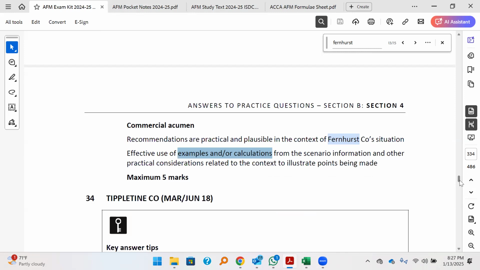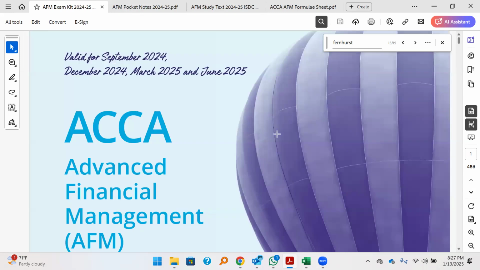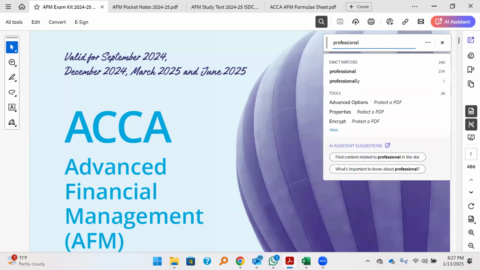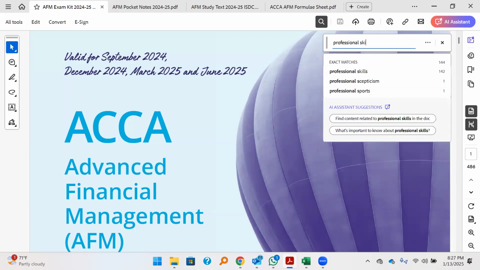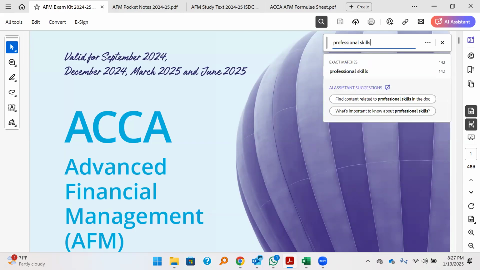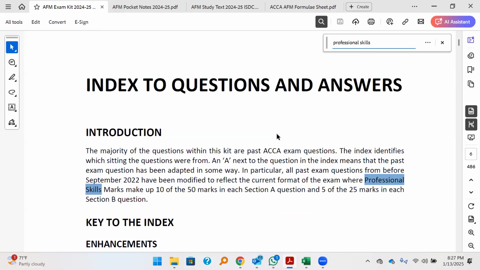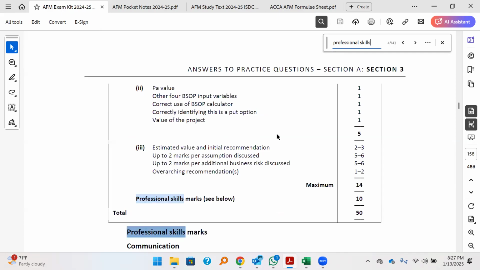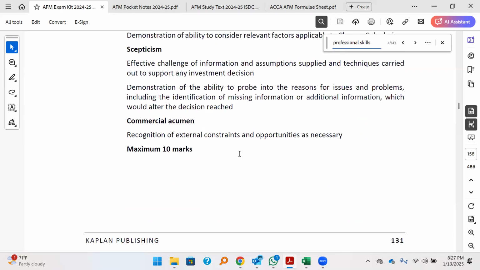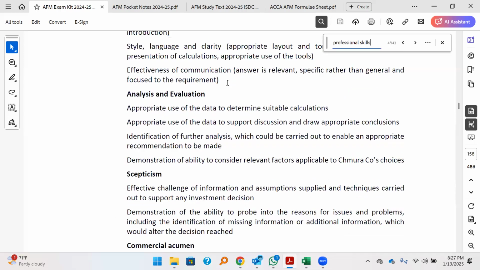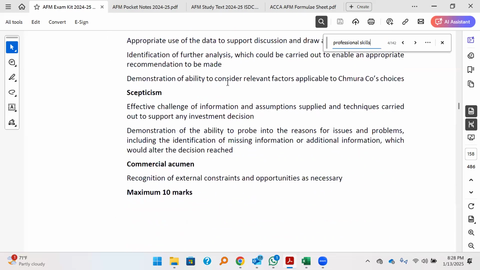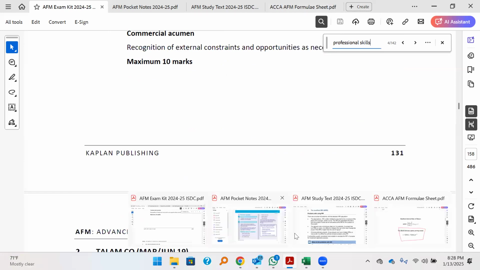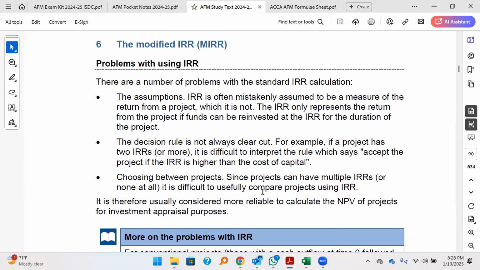In fact, when you go to the kit and you search for professional marks or professional skills, you will find that, okay, I think this one, we came to another summary at the end of the paper for professional skills, but there is a professional skills section.